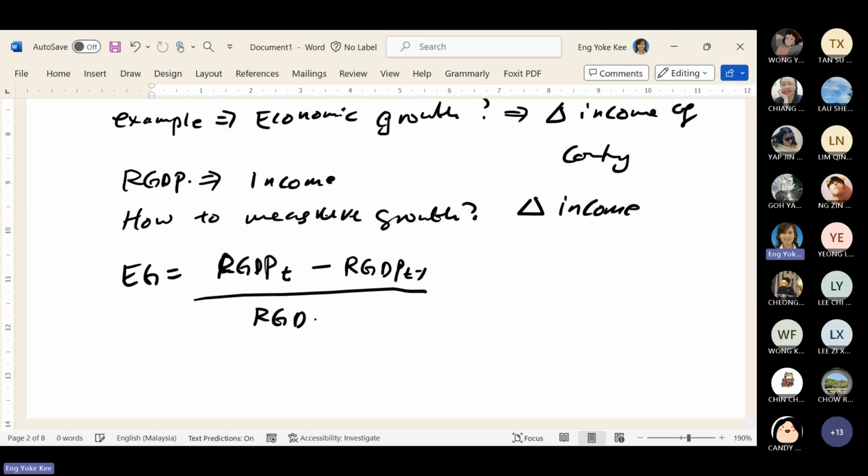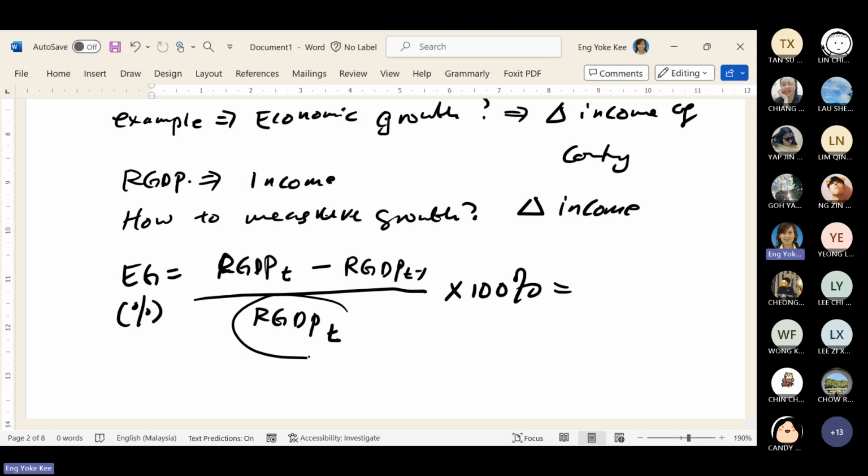Real GDP this year or last year? Last year. So last year, T or T minus 1. Then we times 100% because we want the unit measurement in percentage form, right?